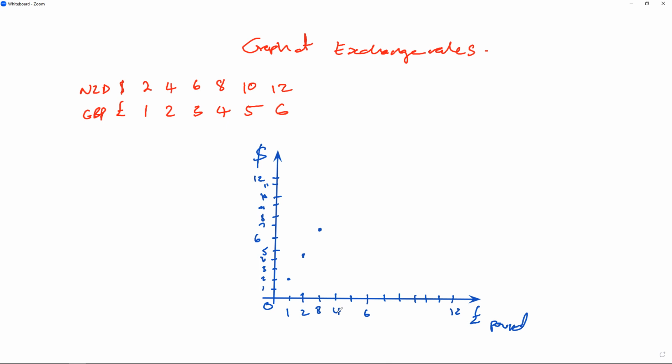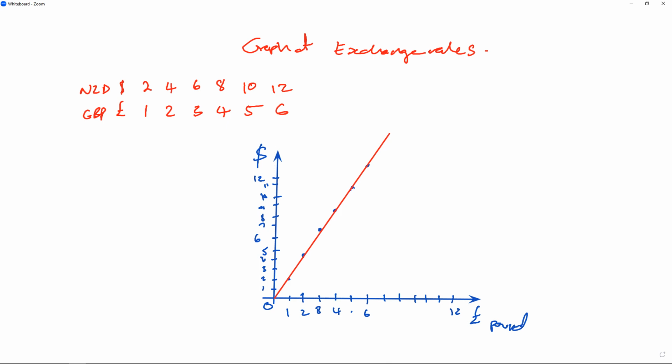And you form this straight line, all the way through. And then 5 goes to 10. 6 goes all the way to 12. And you can draw a straight line all the way through.